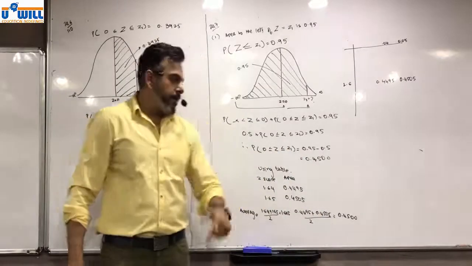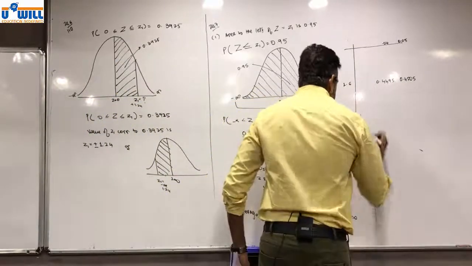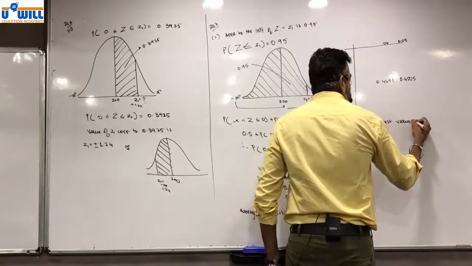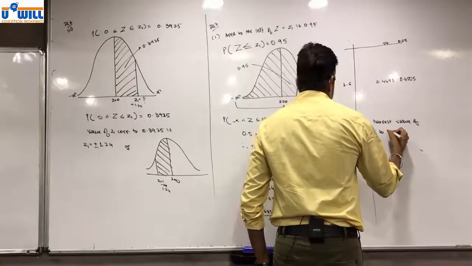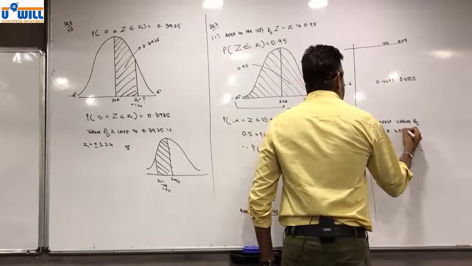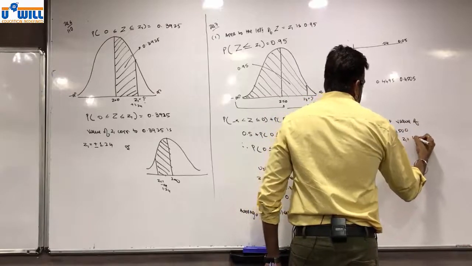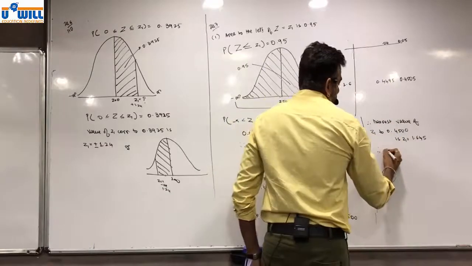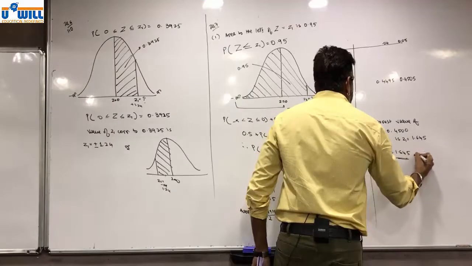Understood this? Now, we continue with the sum. Therefore, nearest value of Z1 to 0.4500 is Z1 is equal to 1.645. Therefore, Z1 is equal to 1.645, and so on.